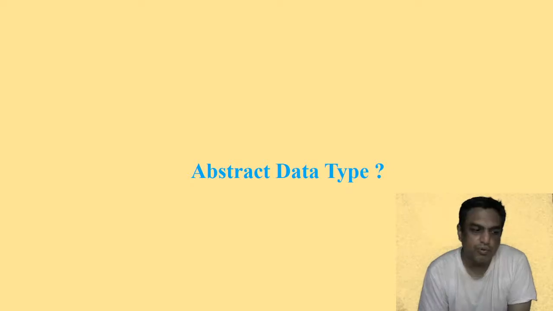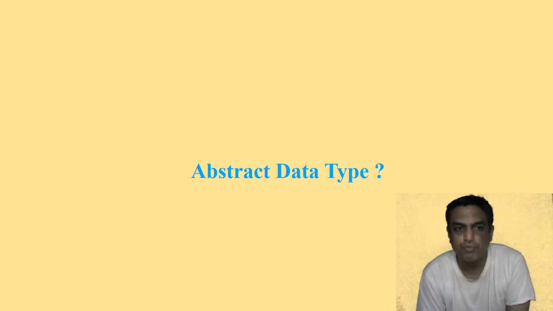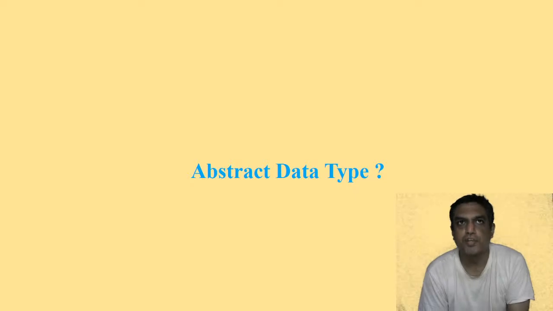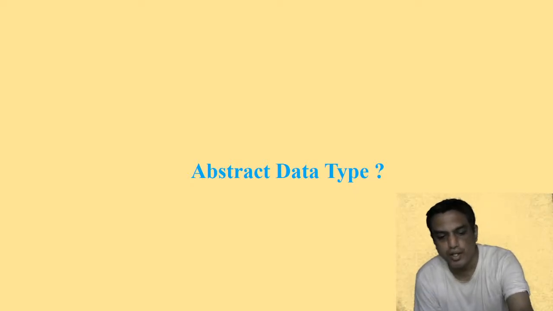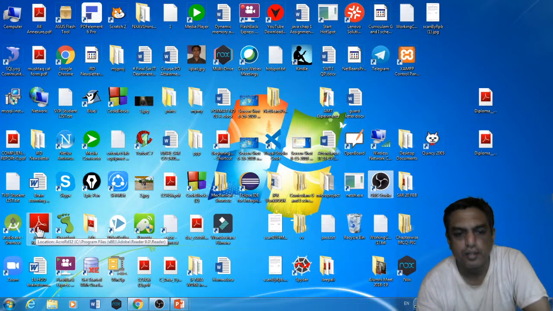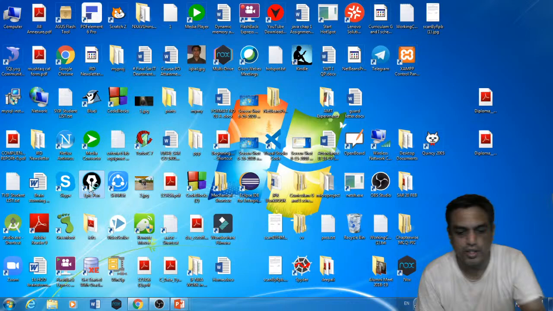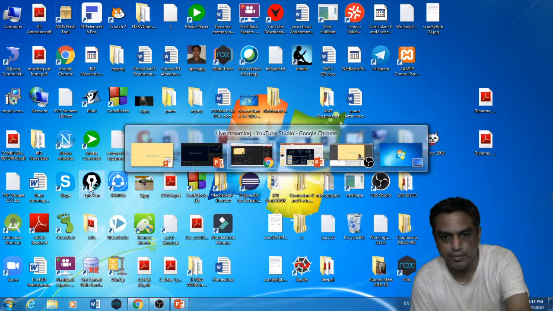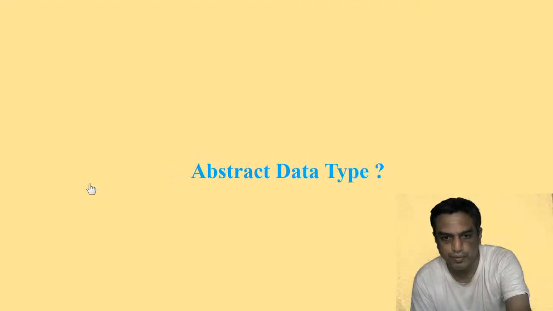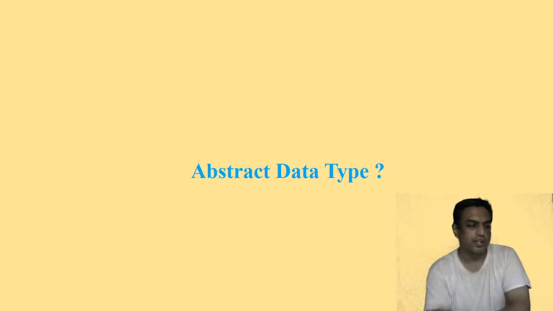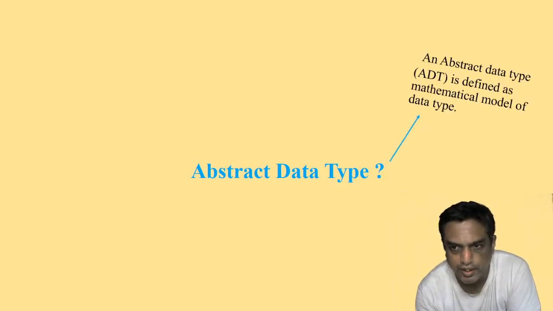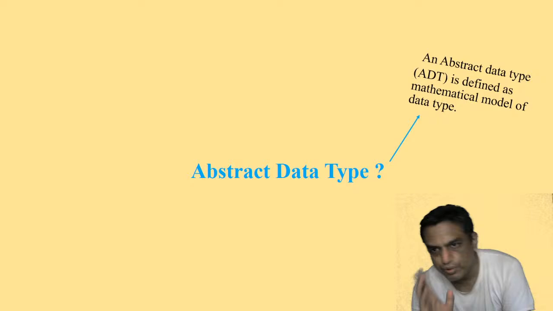For example, if you want to store a number 10, then what type of data do you require? You require the integer data type. Okay. So that is data type.